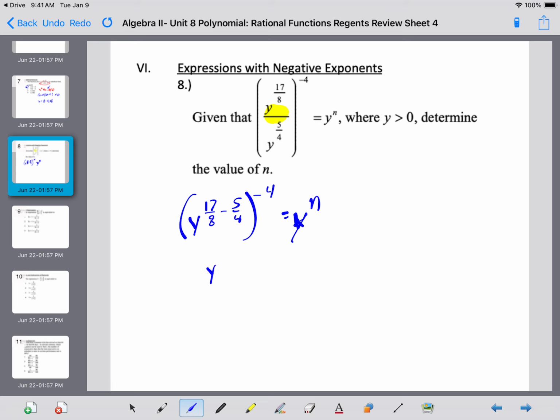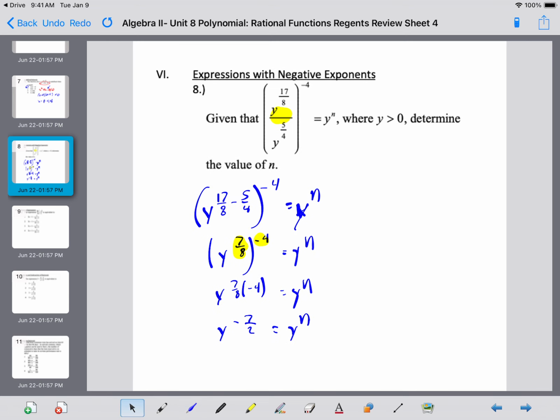Seven over 8. Now you have an exponent within an exponent, so you could multiply exponents. Negative 4 divided by 8 would be negative 1/2, so it would be 7 over 2. Y to the negative 7 over 2 equals y to the n. And then you have a common base, so n equals negative 7 over 2.